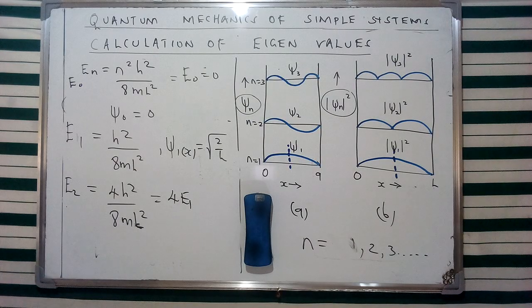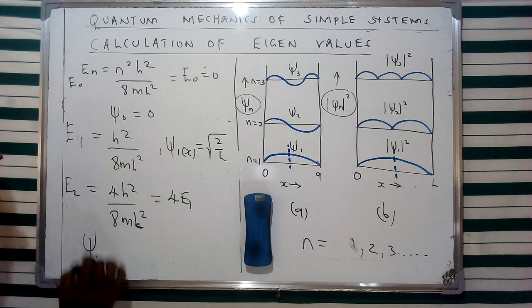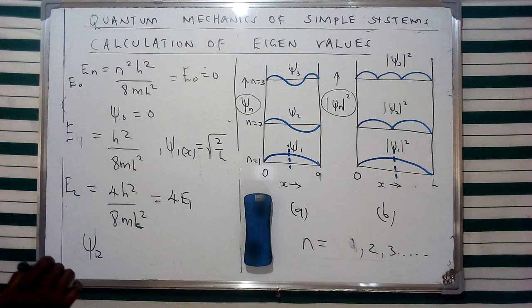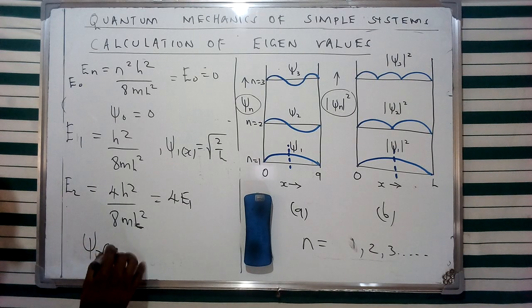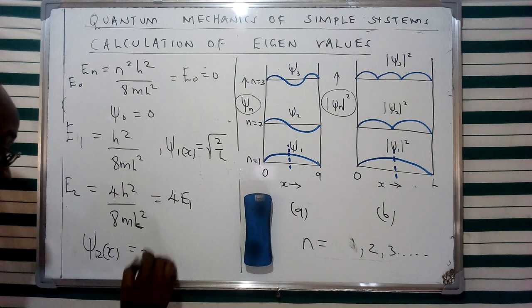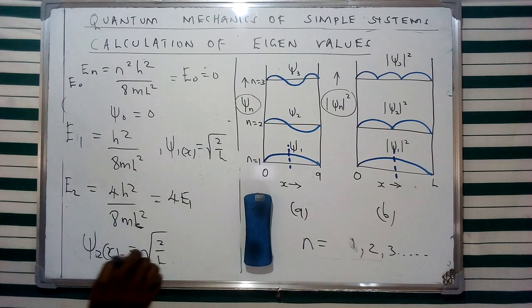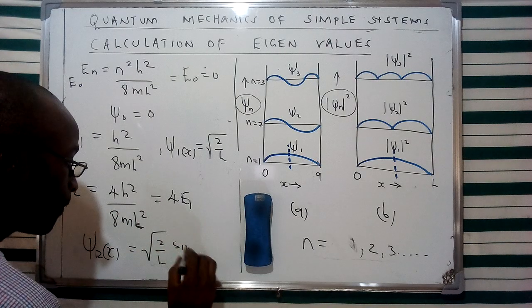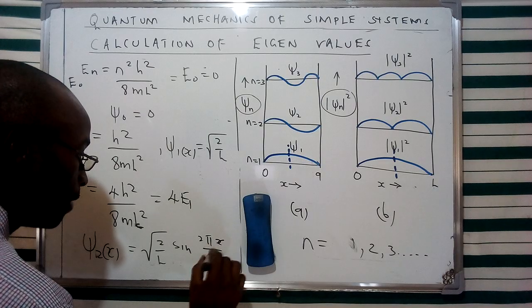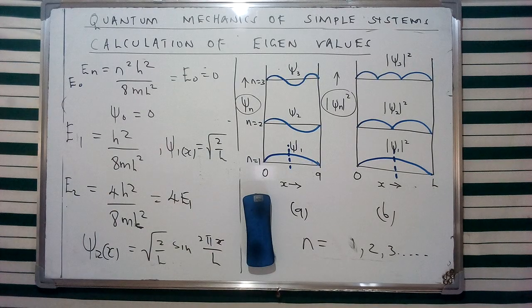Therefore, we can represent the eigenfunction of this specific case in terms of the root of 2 over L, and then we're going to have the sine of 2 pi x over L given in that specific order.